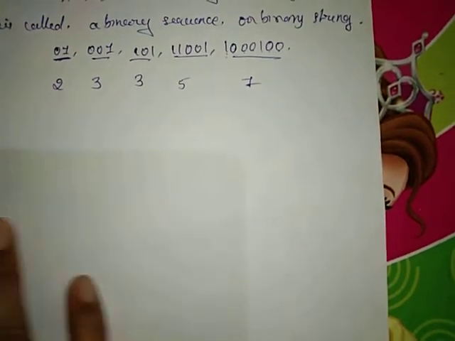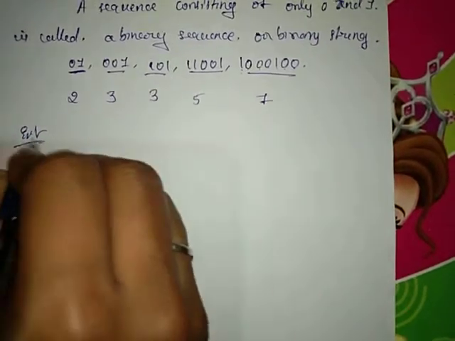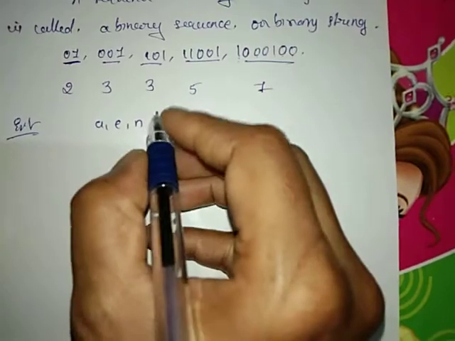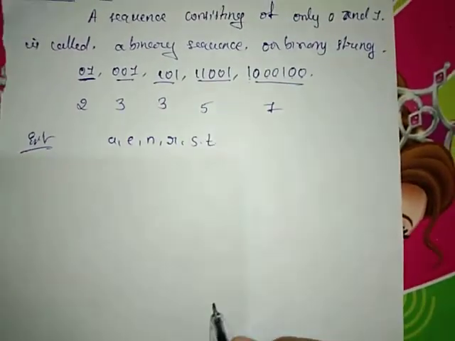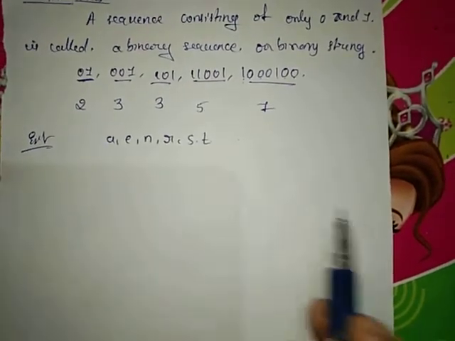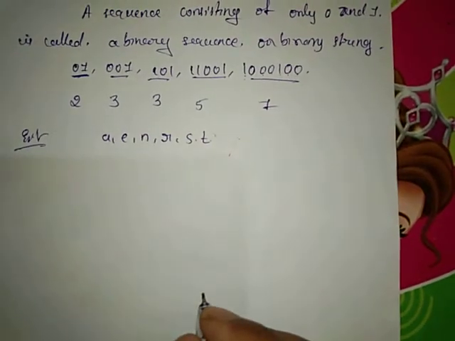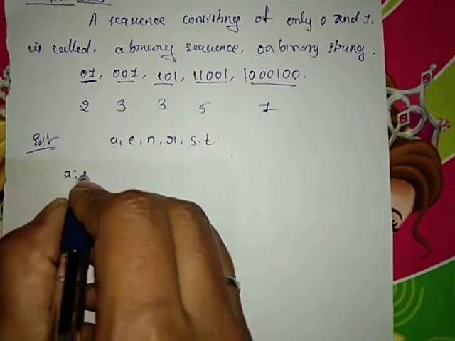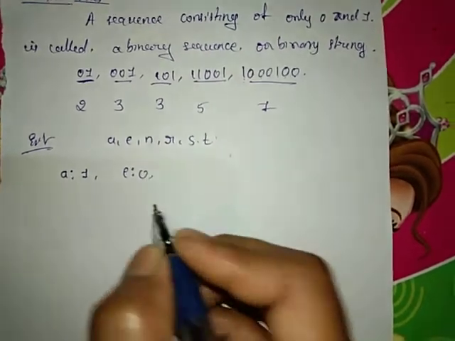Suppose we have a message consisting of the letters A, E, N, R, S, T. We have to send a message using these letters, so suppose we use the following codes. For A, I am using the code 1. For E, the code 0.